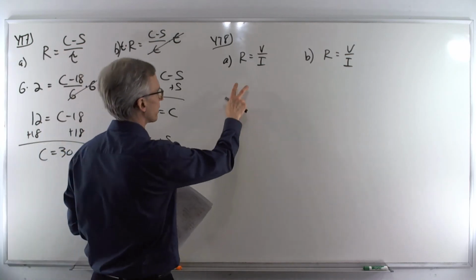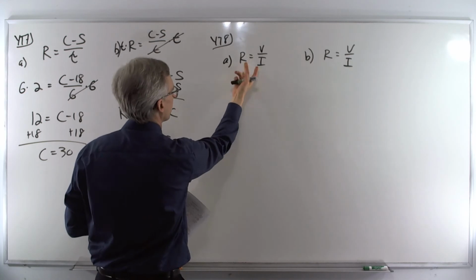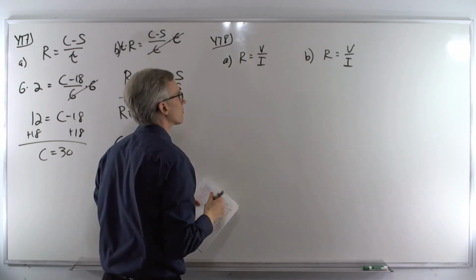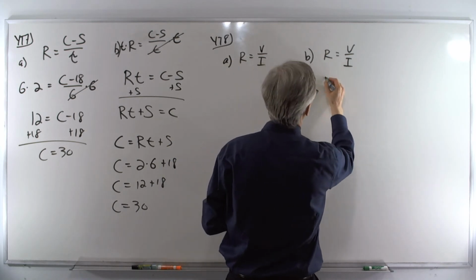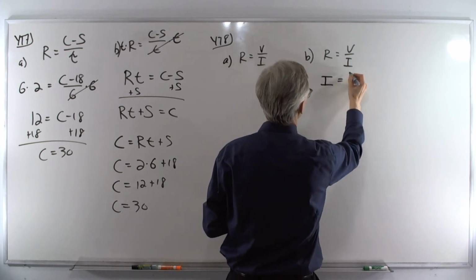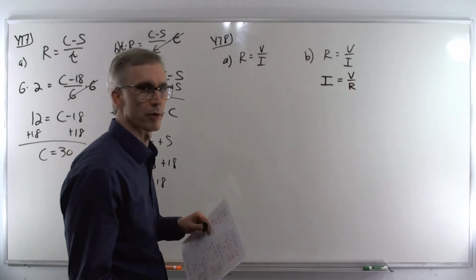We can do the swap trick. All you have to do is swap the positions of R and I, and we're done. Actually, that would be over on this side. So I goes where R is, and R goes where I am. And now our equation is solved.